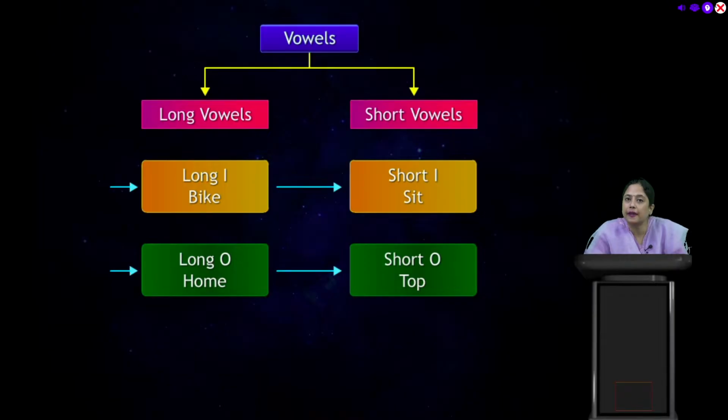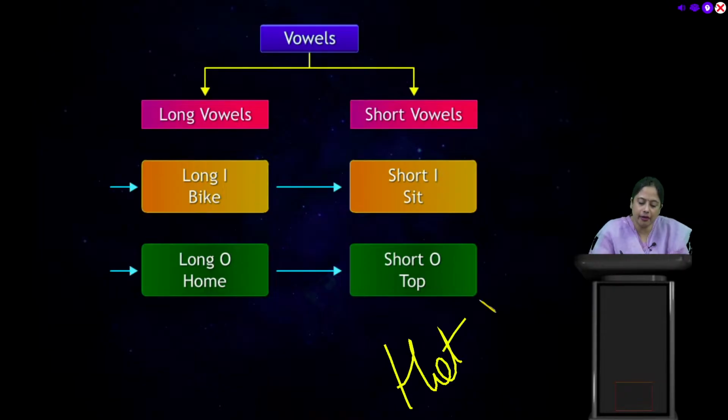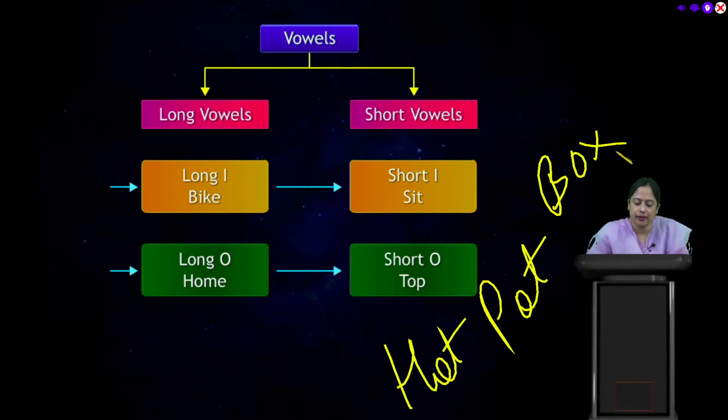Sometimes we have the short O sound, as in hot, as in pot, as in ox, as in box, as in top. So when we say hot, top, pot, ox, box, there is no stress in it.